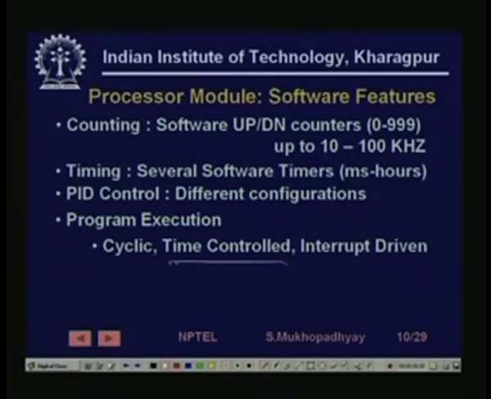Apart from that, you could have time controlled executions, where certain operations will start after certain times, either absolute times or relative times, that is start the pump after 30 seconds of opening the valve. This kind of control can be executed. So exactly 30 seconds after, so this execution is timer controlled or time controlled, or it could be interrupt driven.